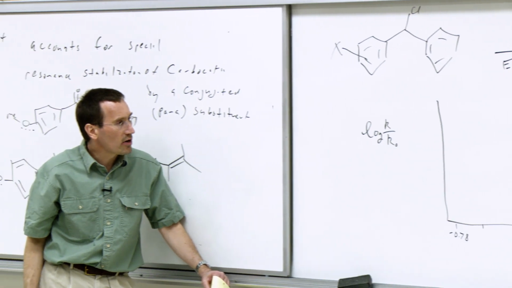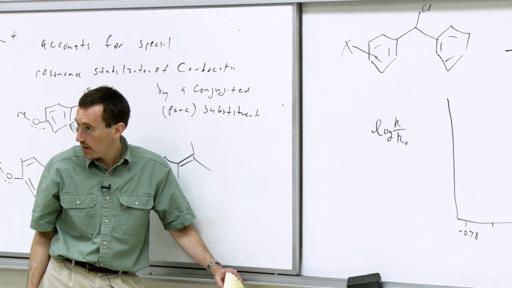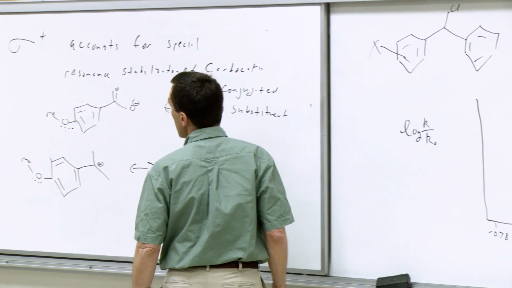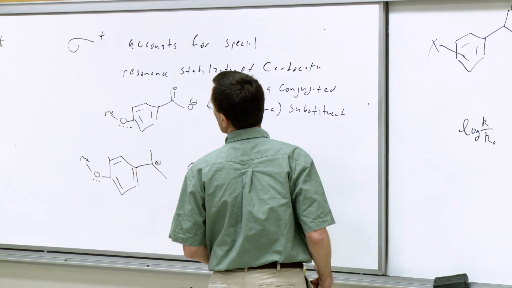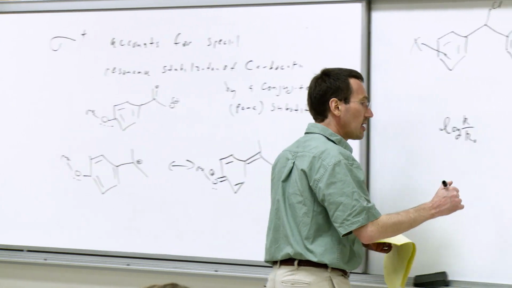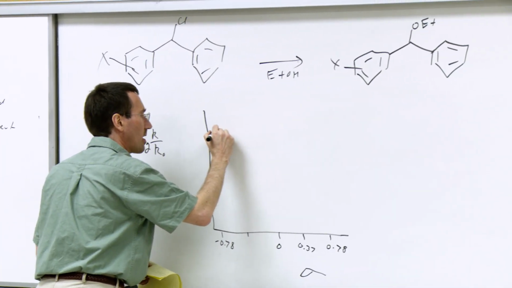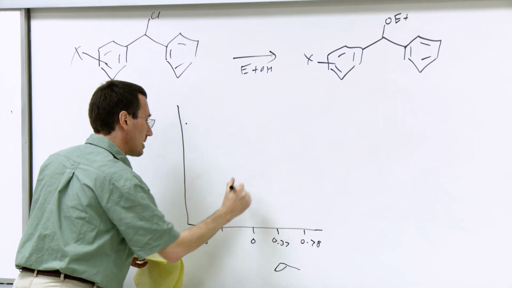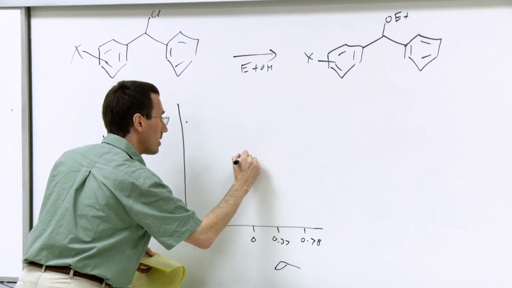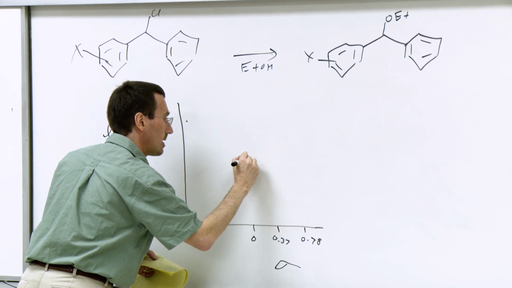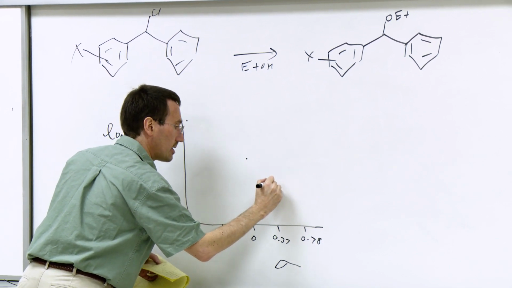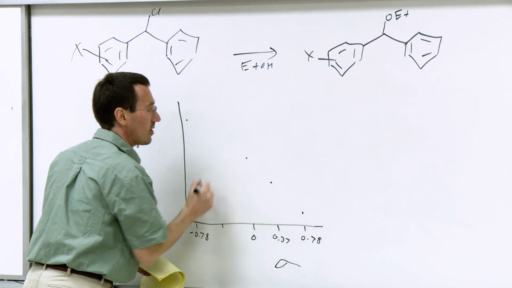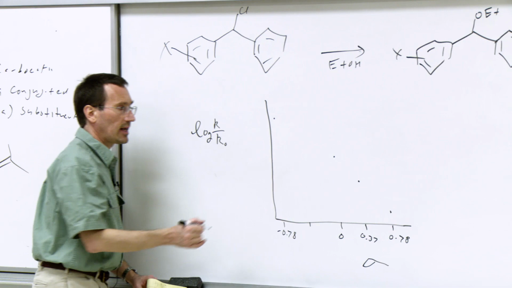And so on our graph, what I'm going to do is plot where the data points would fall. So negative 0.78 is our sigma plus for para-methoxy. And I'm just going to put a data point right here. And then I'll put a data point over here and a data point over here and a data point over here.